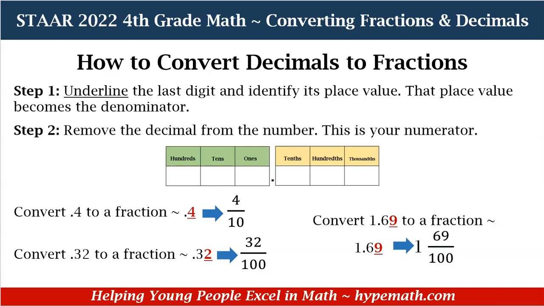And then for the 69, we are going to drop the decimal and put that in our numerator. So 1.69 is 1 and 69 over 100. Let me say that again. 1 and 69 over 100.